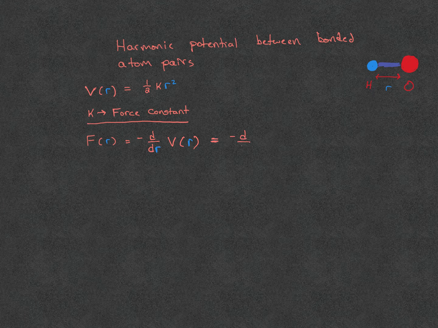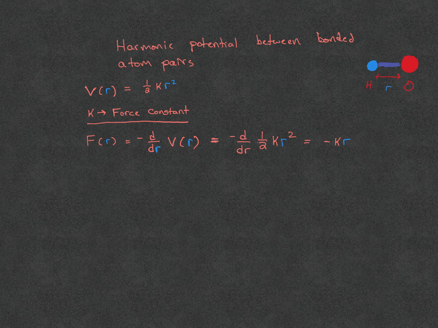Negative d dR of 1/2 K R squared. So I need to again pull down this exponent, multiply everything by this exponent, and reduce the value of this exponent by 1 to take my derivative. And multiply the whole thing by -1. It's going to give me minus K times R. That's my force.